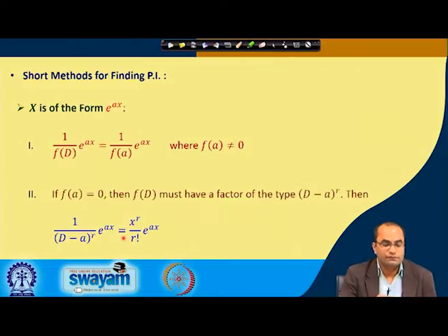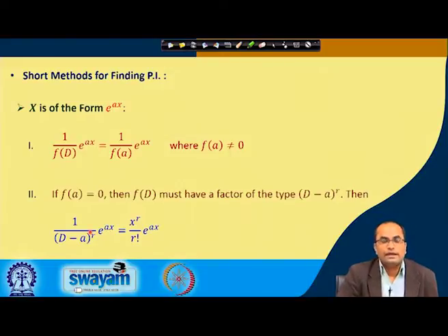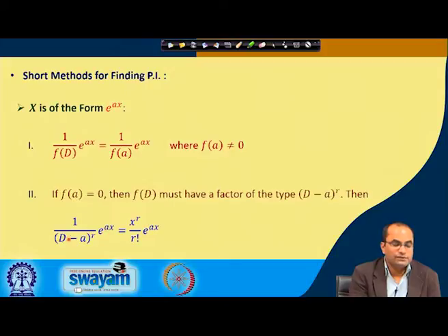So, factorial will come. So, 1 over D minus a power r on e power a x, the value of this is nothing but x power r over factorial r into e power a x. So, we need to remember this one. This is simple. When f(a) is not 0, we will just replace D by a, but when we have this 0, we have to take this factor out somehow, and then we can deal in this way: x power r over factorial r e power a x.